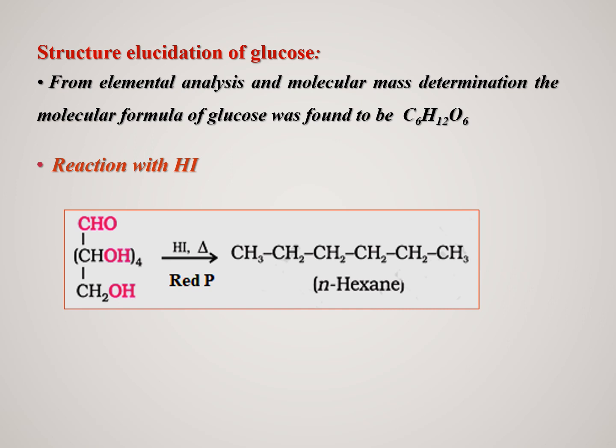So the definition of reduction, removal of oxygen, addition of hydrogen. So let us understand, if you look at this first aldehyde group, we are removing the oxygen and we will add hydrogen. As a result, you are having the product with n-hexane where the first carbon atom has got 3 hydrogen atoms because you have removed the oxygen and added hydrogen.